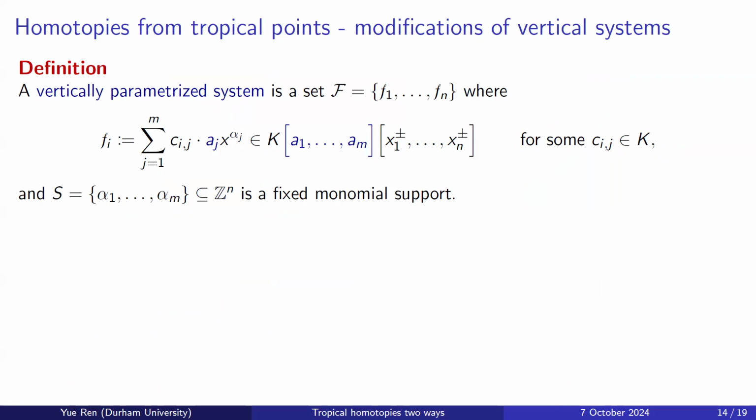Again, I have to show this on a concrete example. So consider this type of parameterized system that's commonly referred to as a vertically parameterized system. This is a system where every monomial x to the power alpha j has its own parameter aj, but these parameters aj can appear in multiple fi's.